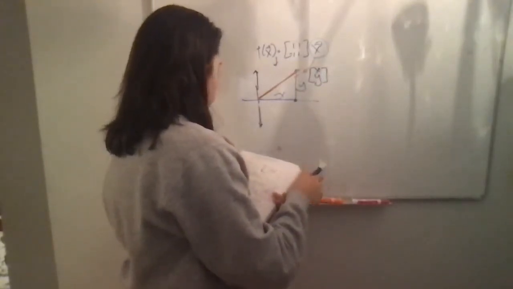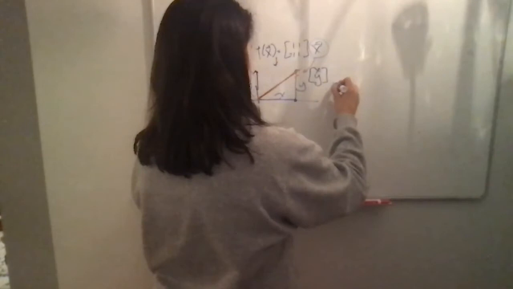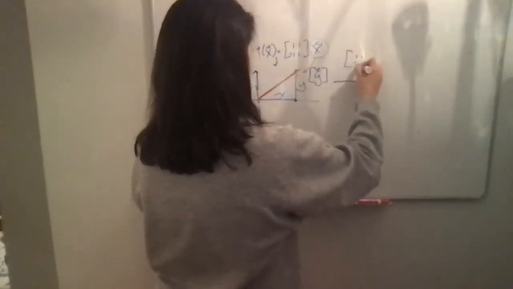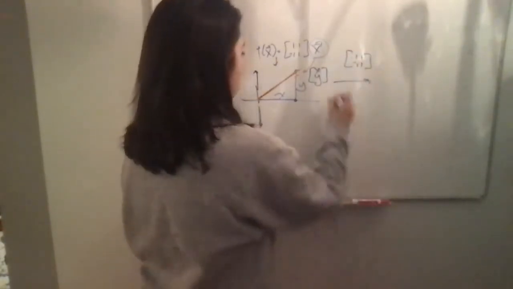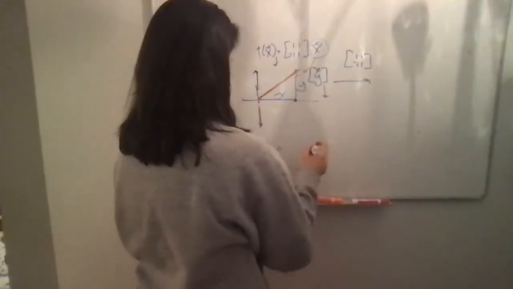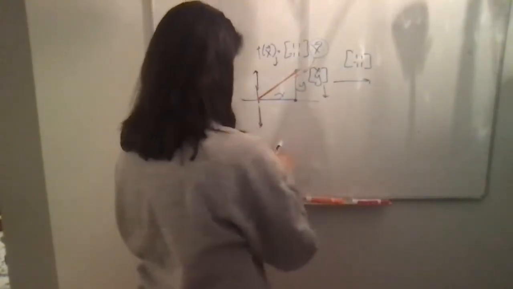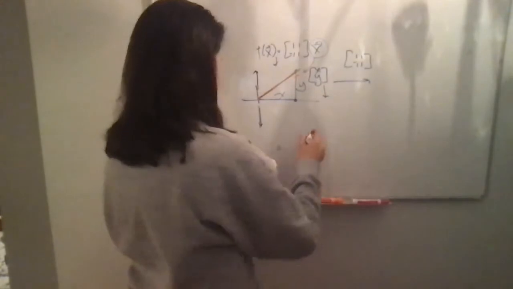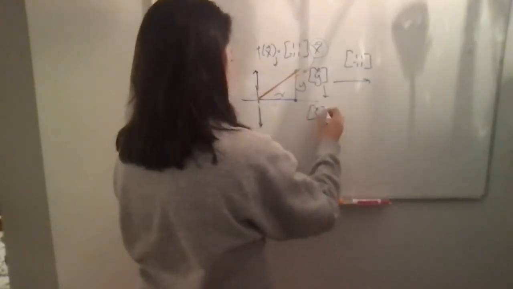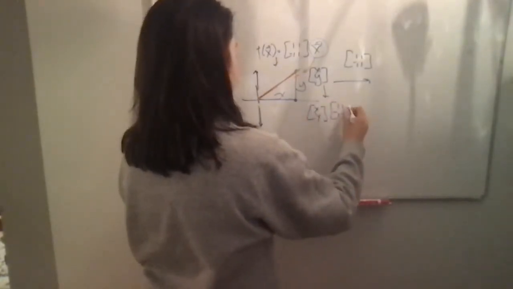Then we're multiplying it by [1, 1; -1, 1], right? So if we did that, what we end up having is x, y times [1, 1; -1, 1].